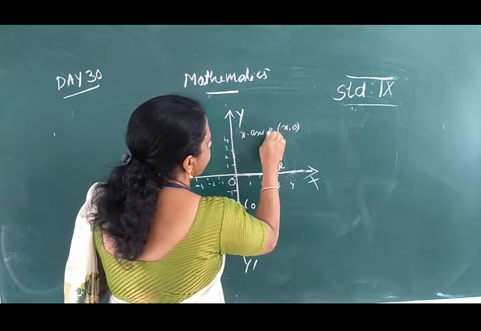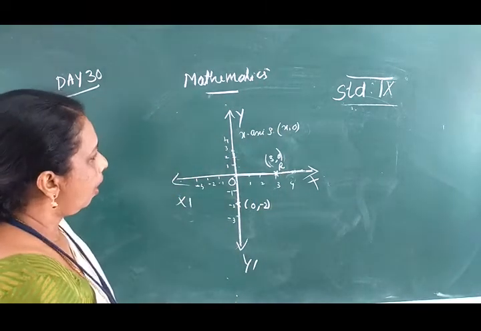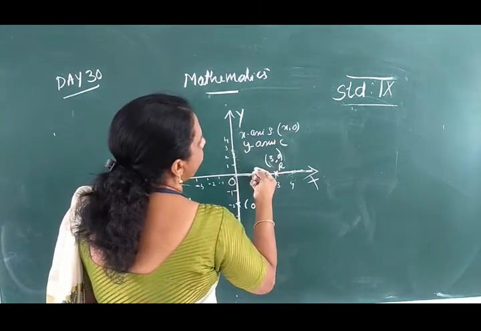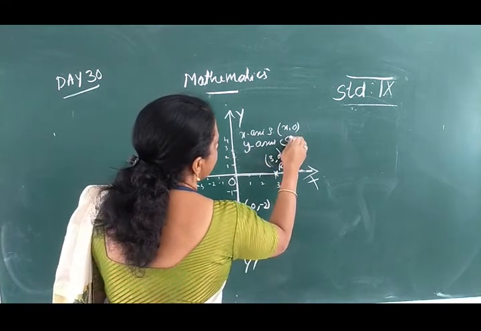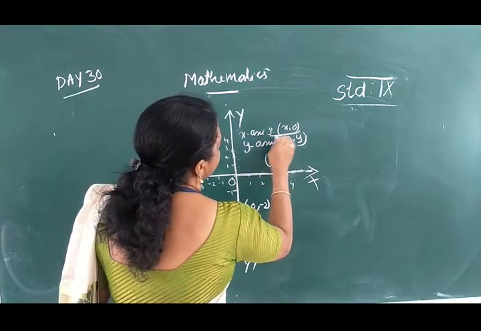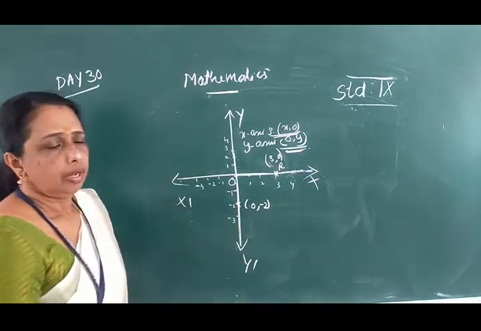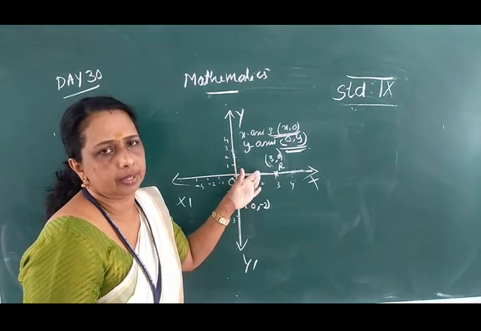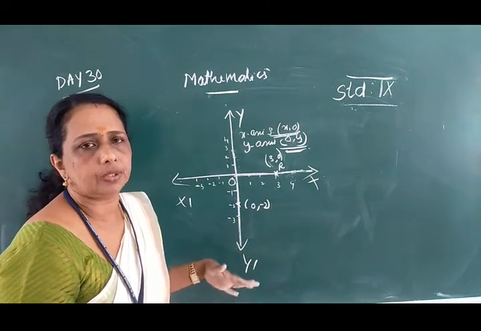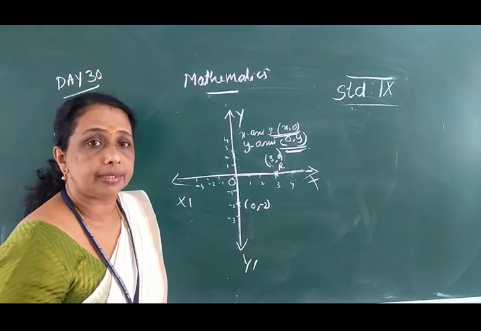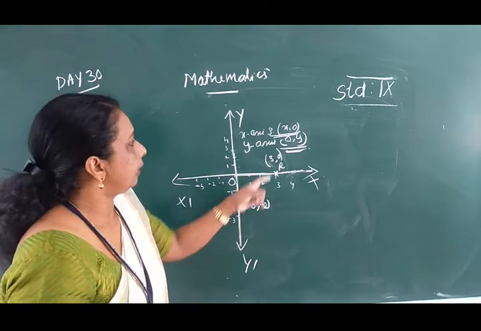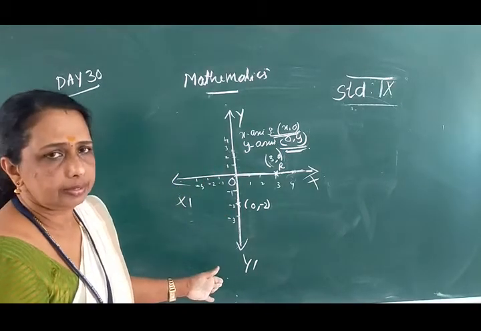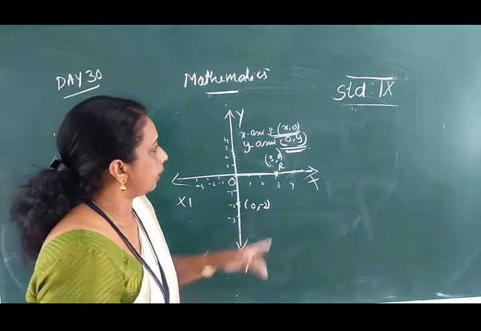A point on the y-axis is of the form (0, y), because its x-coordinate is 0.